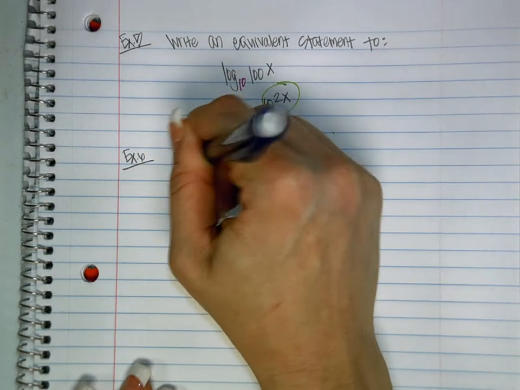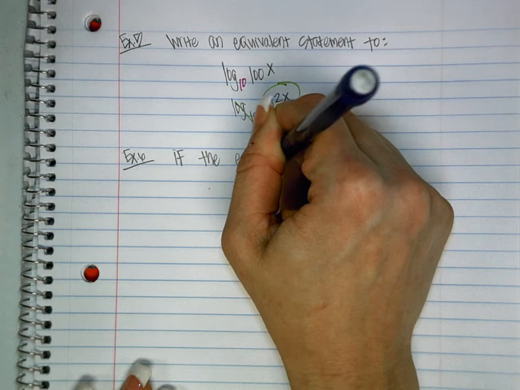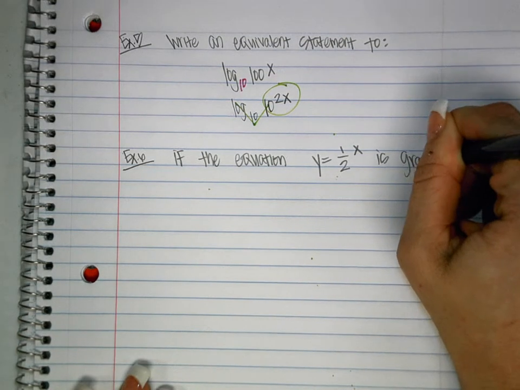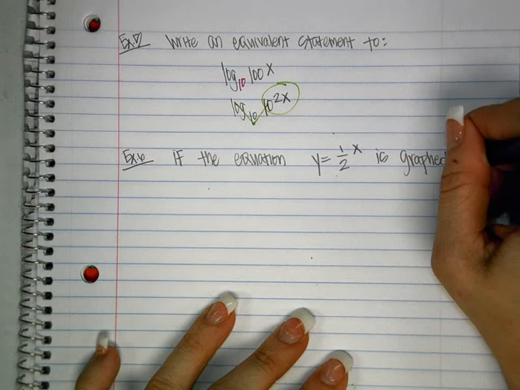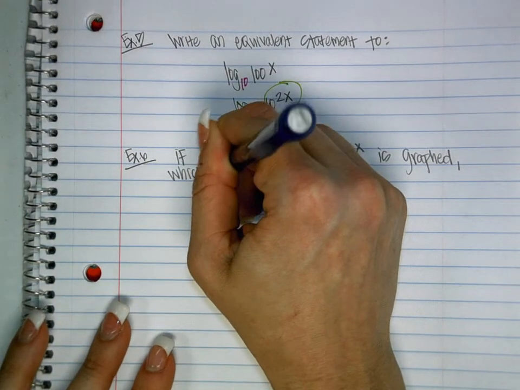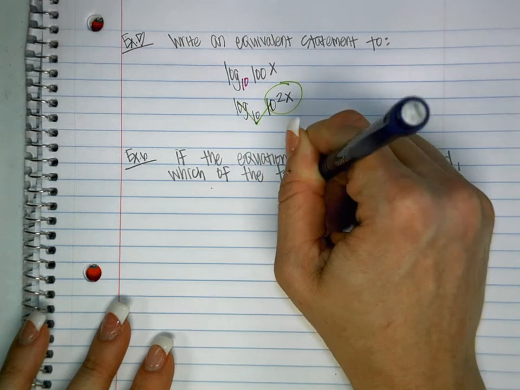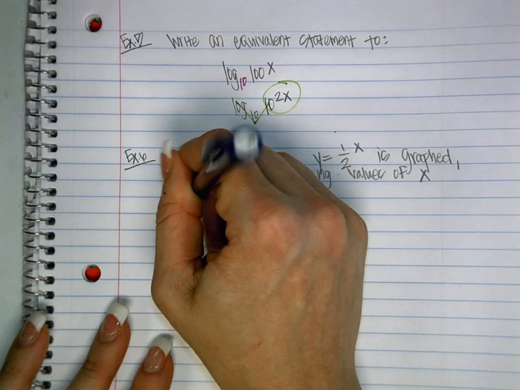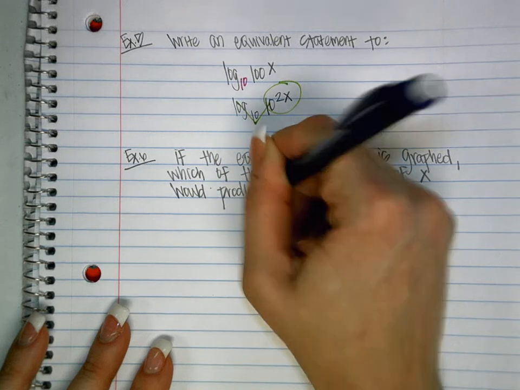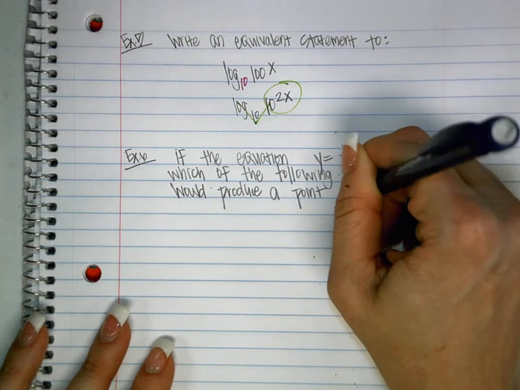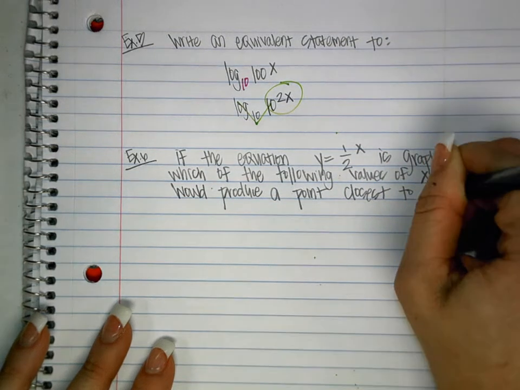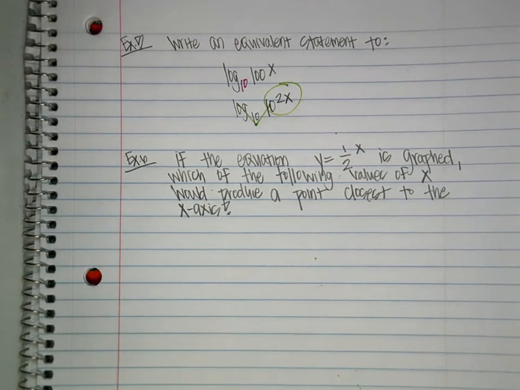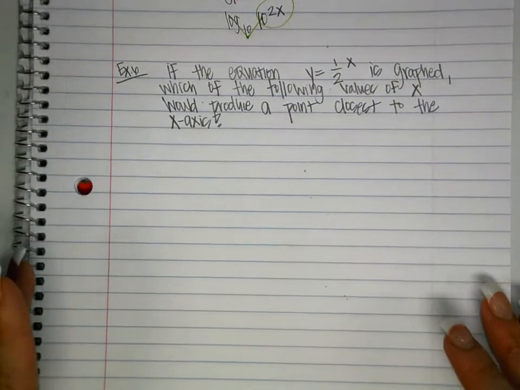If the equation y equals 1/2 to the x power is graphed, which of the following values of x would produce a point closest to the x-axis?